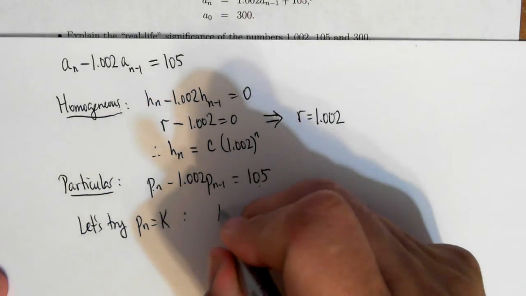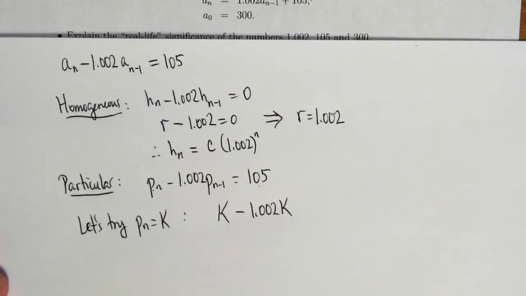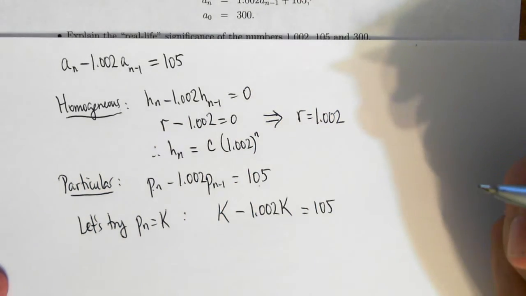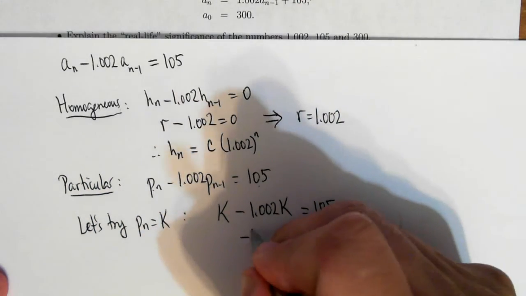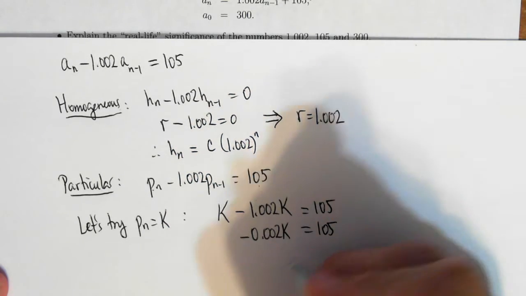So we have constant minus 1.002 times the same constant, because it doesn't depend on the index, equals 105. And so minus 0.002 times k equals 105.